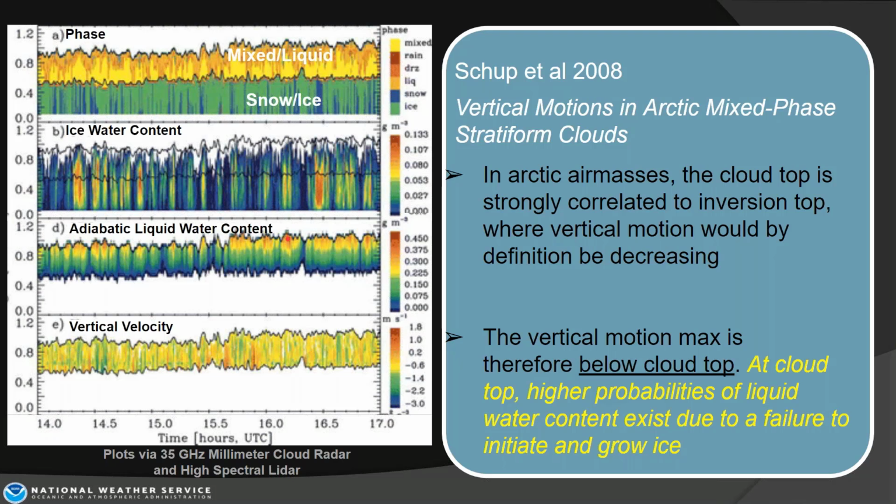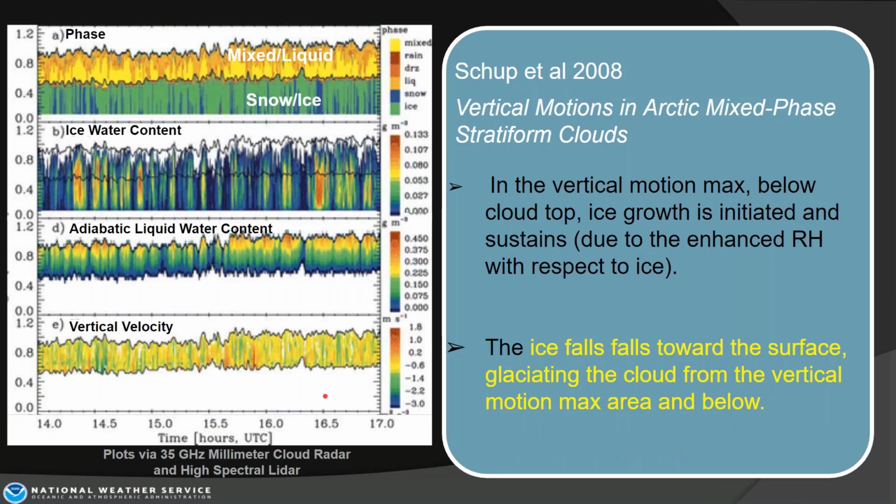But for the most part, it's a stable liquid layer right on the top. So this whole process has the vertical motion max, again, below the cloud top. Ice growth is initiated and sustains itself, and then the ice obviously falls toward the surface and gives you snow.